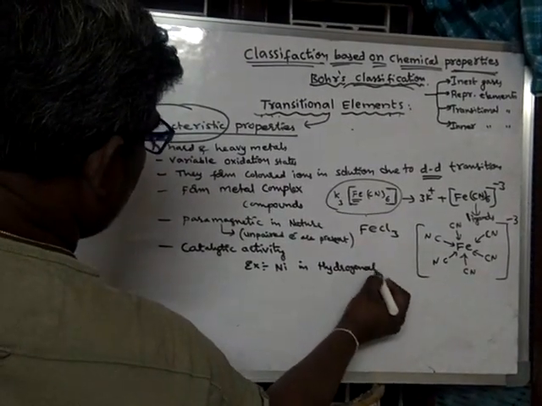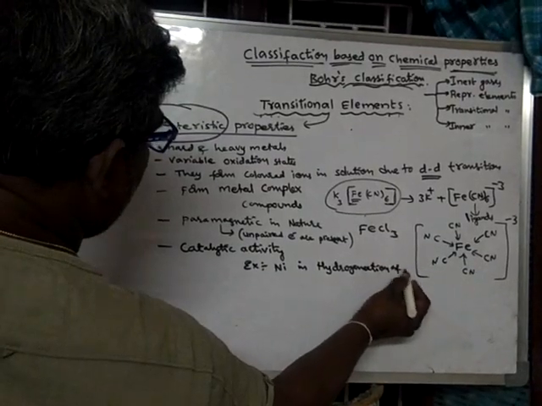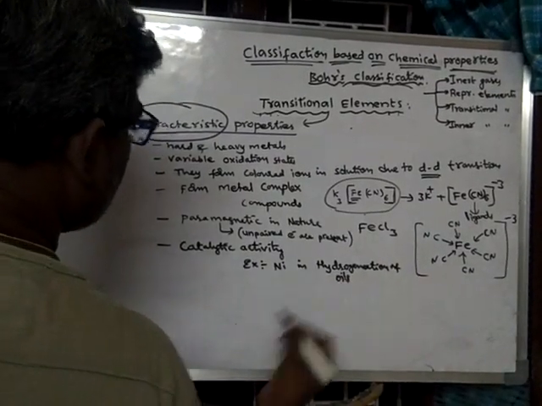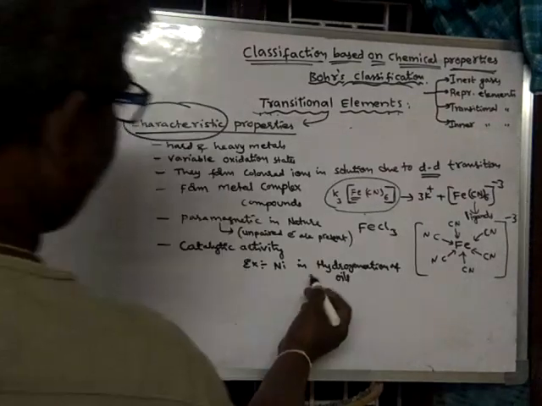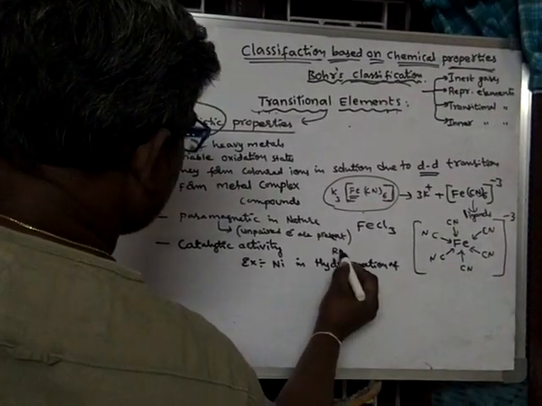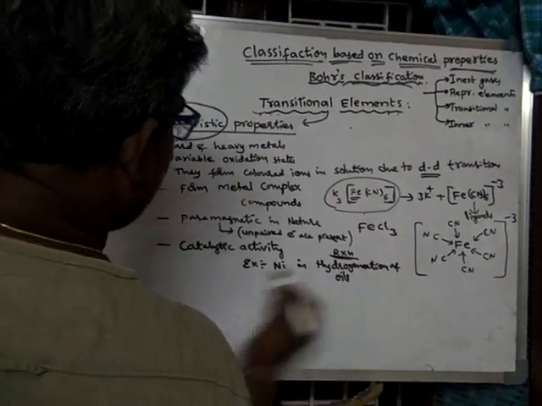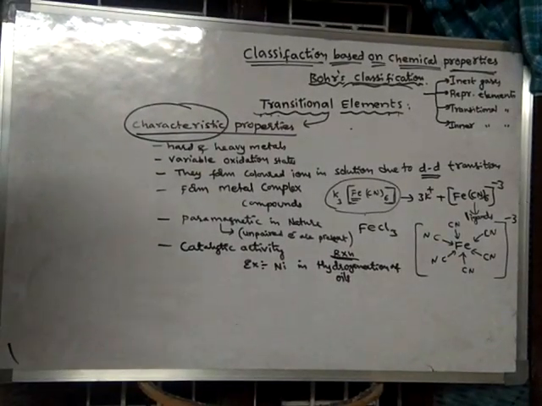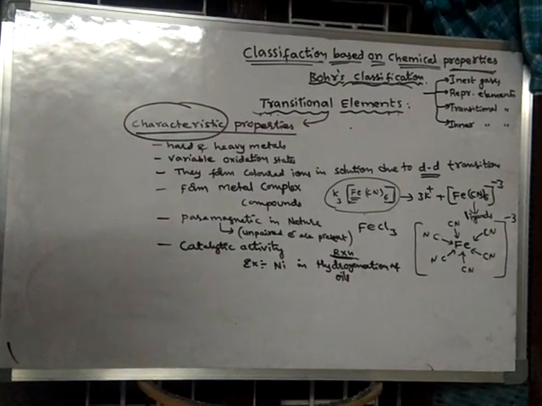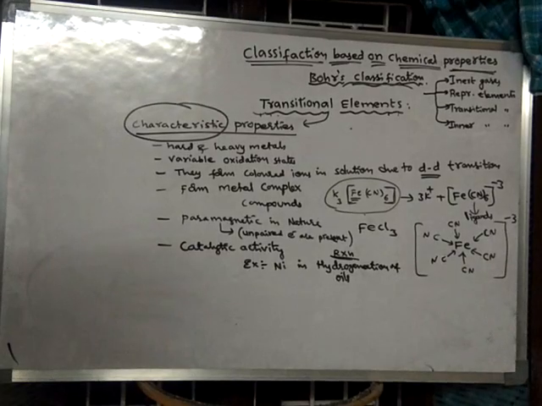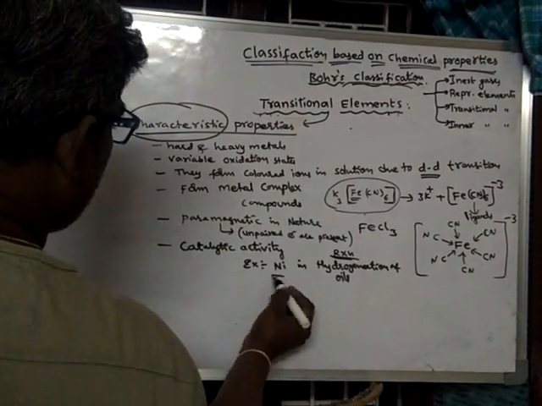Hydrogenation of oils is a chemical reaction where the oil is converted into dalda. The liquid oil is converted into a solid material known as margarine or dalda. In that reaction, nickel is used as a catalyst.